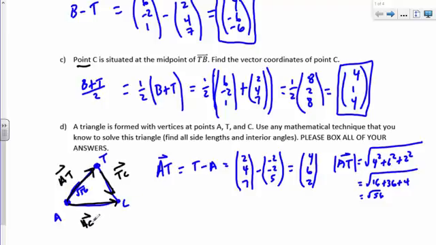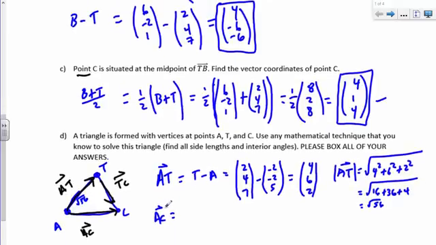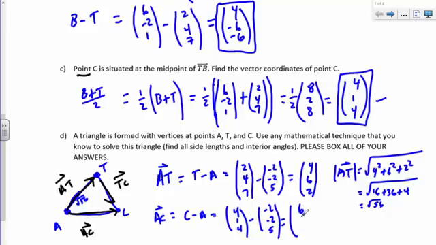And then we need to find AC as well, so let's go ahead and do that. Let's take a look at where C was. That's that midpoint again. We found it right here actually. It's 4, 1, and 4. So we're going to take C minus A, which will be 4, 1, and 4, minus A, which we've already seen is -2, -2, and 5. This will give you the vector 6, 3, and -1.